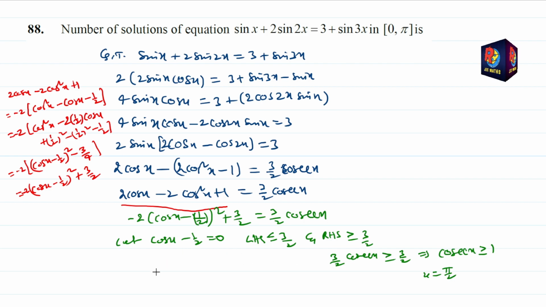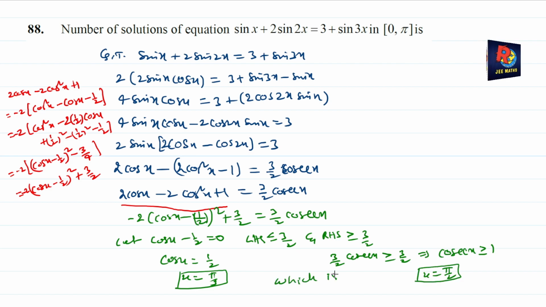But here cos x equals 1 by 2, which means x equals pi by 3. Here x is pi by 3, and x equal to pi by 2 is not possible. Therefore, the number of solutions is 0.